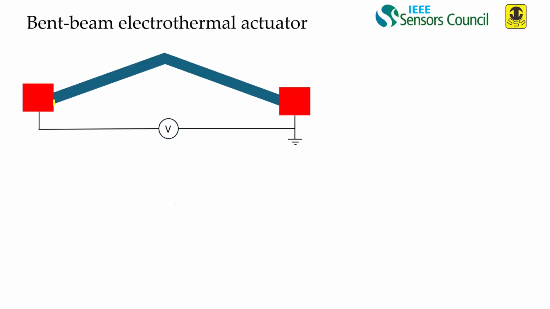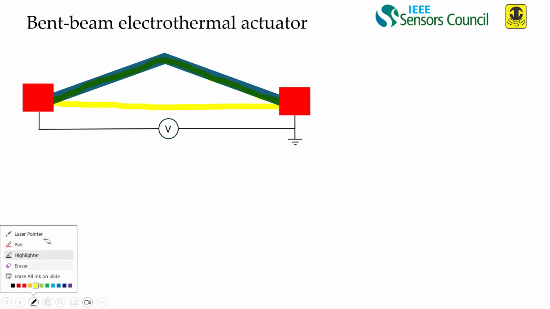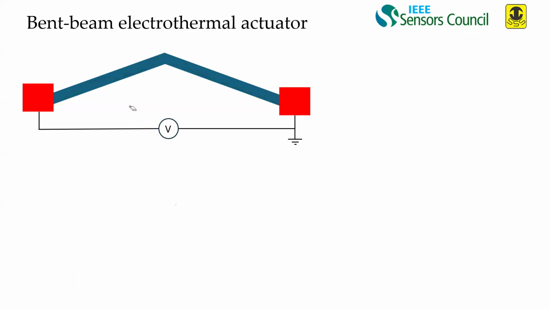Instead of making a single straight beam like this, the researchers made bent-beam electrothermal actuators. If I make my beam in this manner, in which side will it deform? Can anyone please, I will just see the chat.